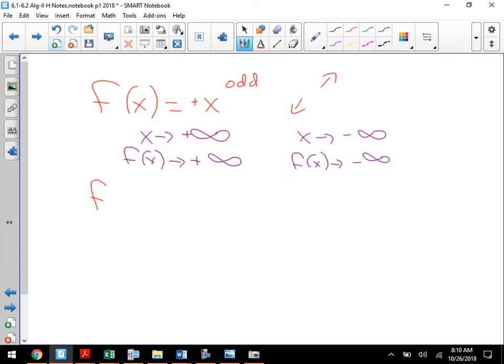If f of x is negative and an odd, what are your tails going to do? Take a guess. They're up, down, aren't they?